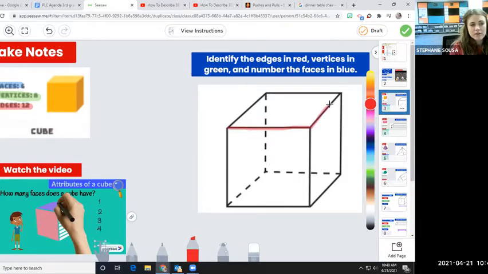You'll notice there are 4 edges along the top of this cube. It is where the top and the sides meet. So that's 4. We are told there are 12. So let's continue to trace these.